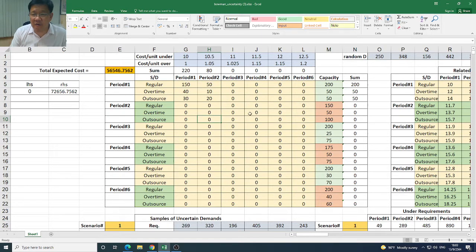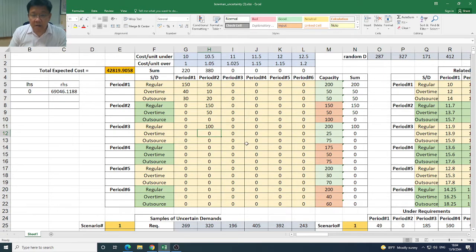But I want to make sure this is a requirement for feasibility: the summation of the numbers you put in each row must not exceed this number, row by row. But here you can add some more. For example, this one you can have 150, and here 50 or even 100.